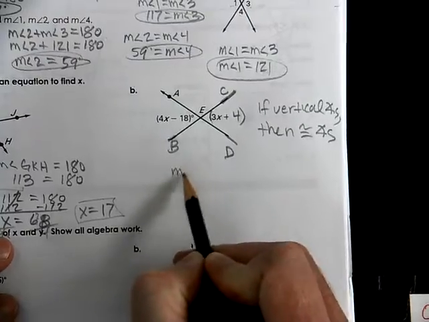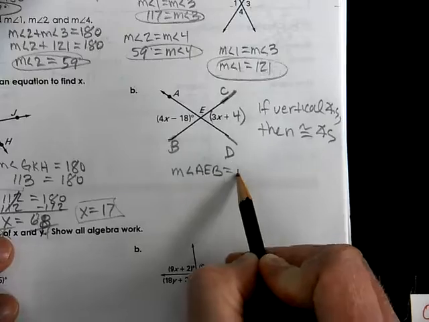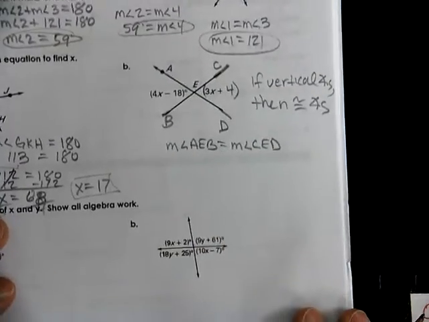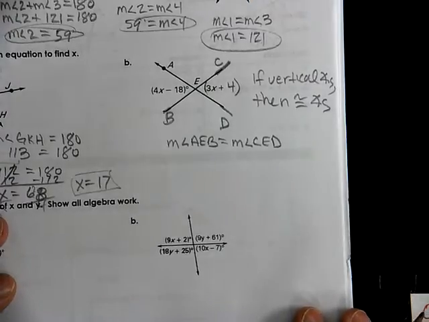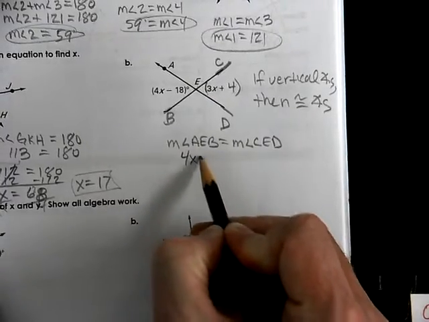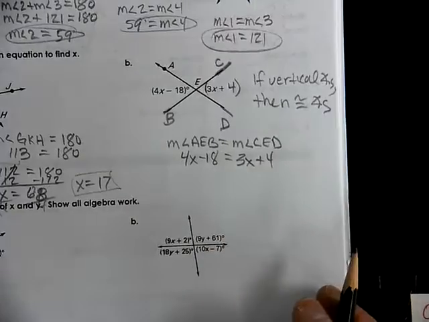So I can say that the measurement of angle AEB is going to equal the measurement of angle CED. You want to get used to thinking in that process and writing it out in that pattern. So this is 4x minus 18 and 3x plus 4.